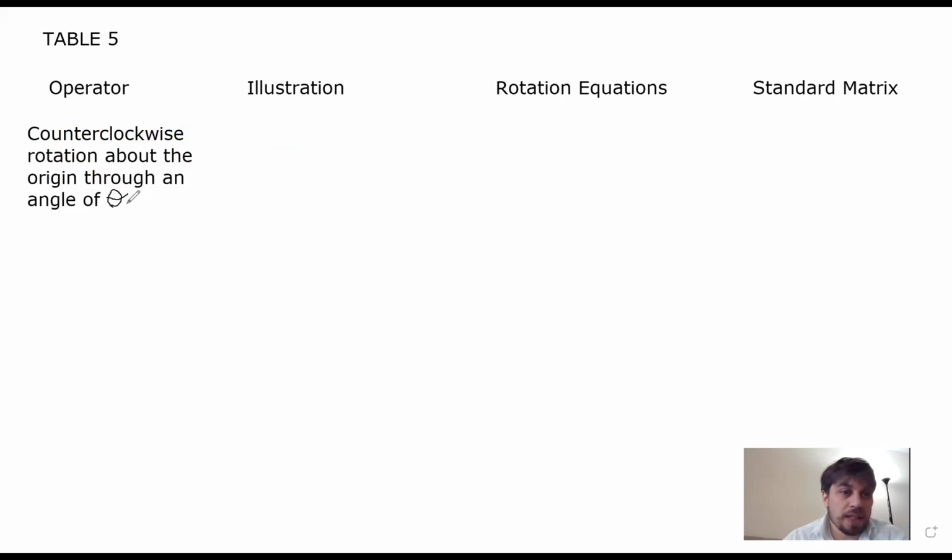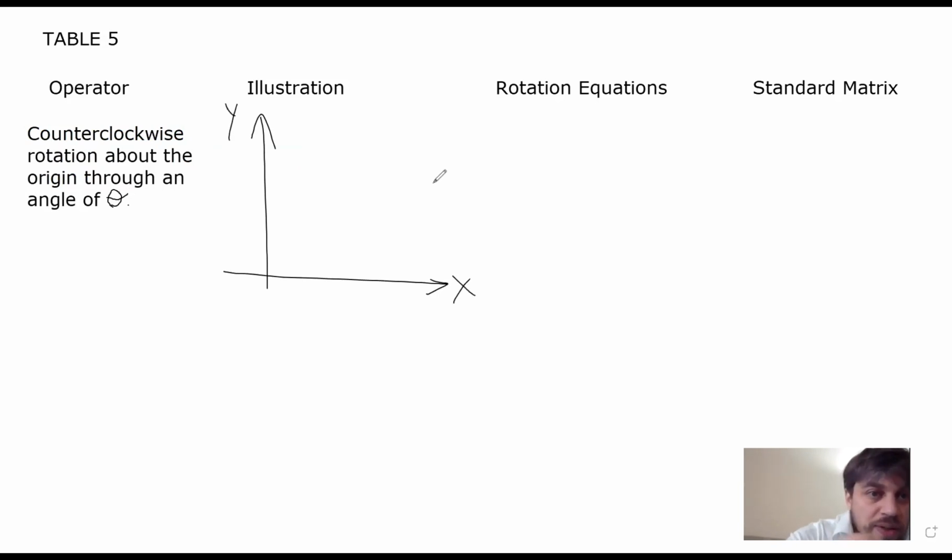Okay, that's our operator. So the illustration of that is the following. We're going to be living in two space here. So you have an x-axis, you have a y-axis, and if you have a coordinate vector x with coordinates x, y, and you rotate it about the origin through an angle of theta, then the effect is just, imagine the tip of that vector on a circle, and you're just moving along that circle with the radius being the magnitude of that vector.